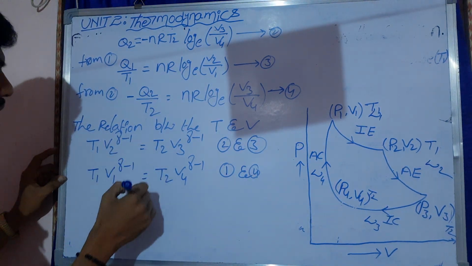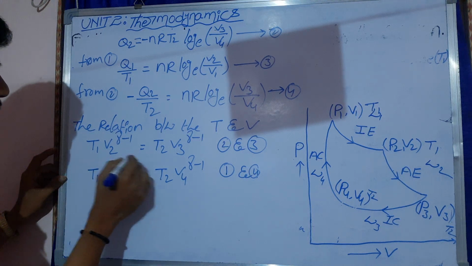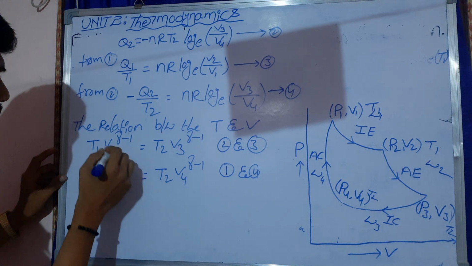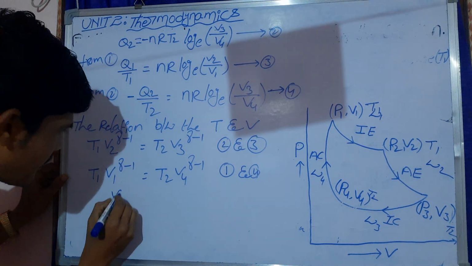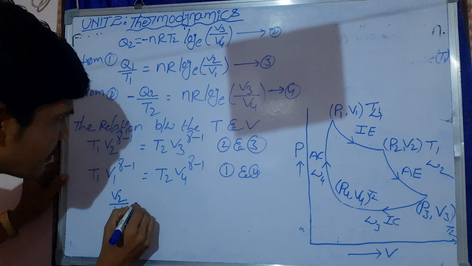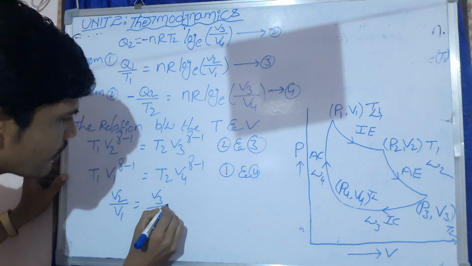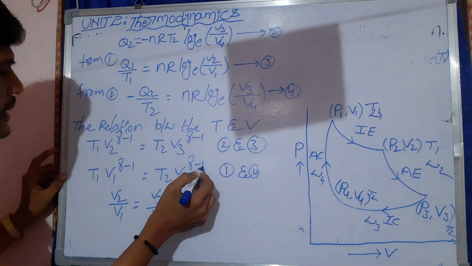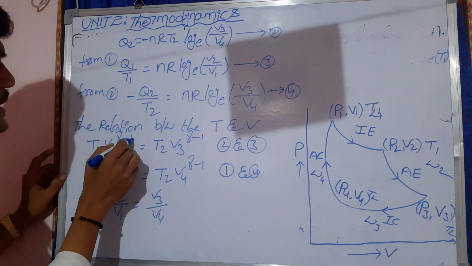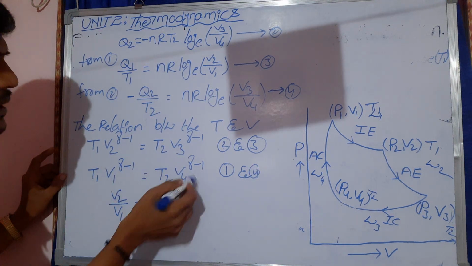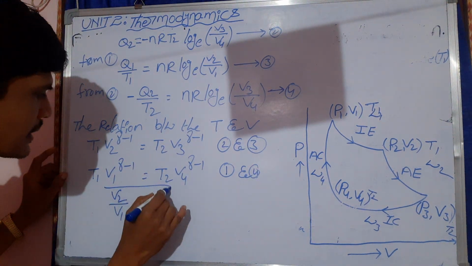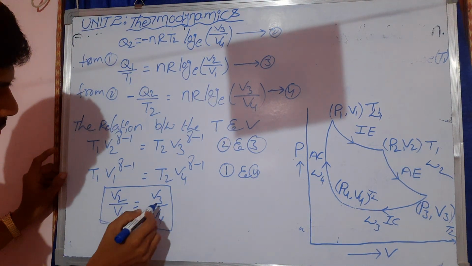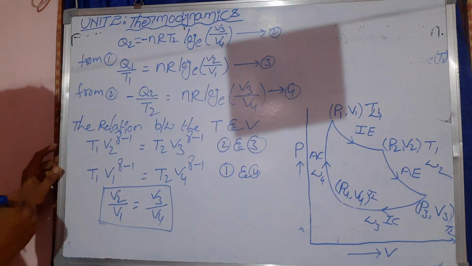These two equations are divided, so T1 and T2 cancel and gamma minus 1 cancels, leaving V2 by V1 equals V3 by V4.